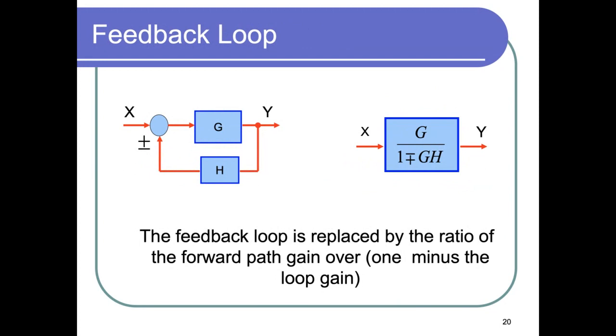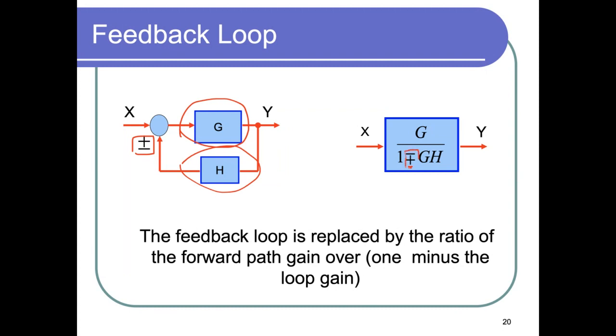Again, for a feedback loop, if I had a negative sign here, then we said that this is G over 1 plus GH. So basically you have what is inside the feedback loop, the forward path, the numerator, and you have 1 plus this guy multiplied by the feedback function, and you reverse the sign.